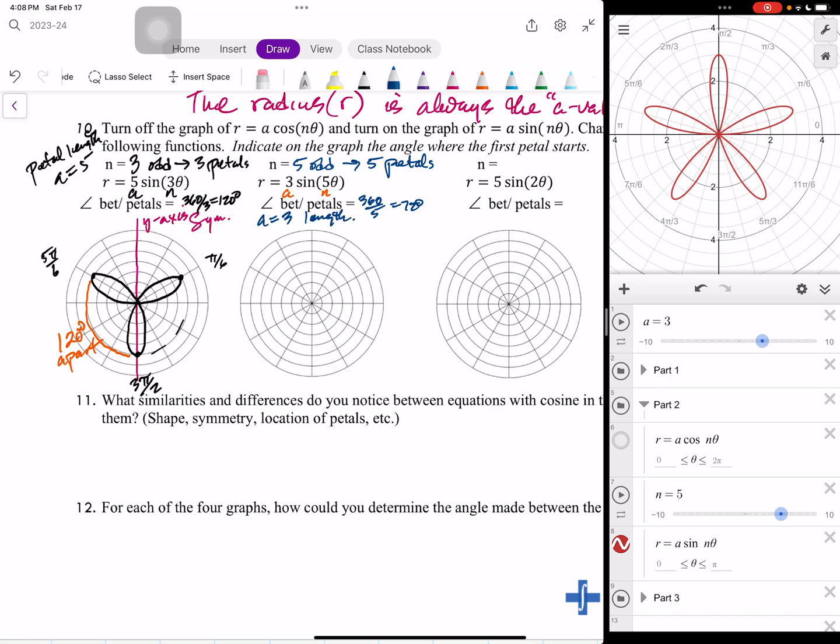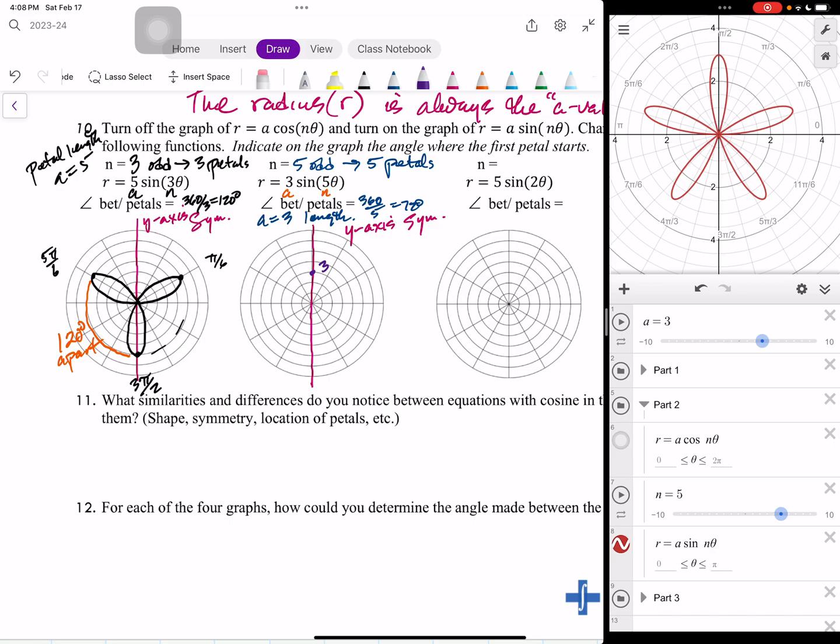Starting on the y-axis, again, these have y-axis symmetry here, so I'm going to draw this in red so you can see the symmetry. And then the first petal is 3 units up. A is 3, so I'm going to go 3 units up. So 1, 2, 3.